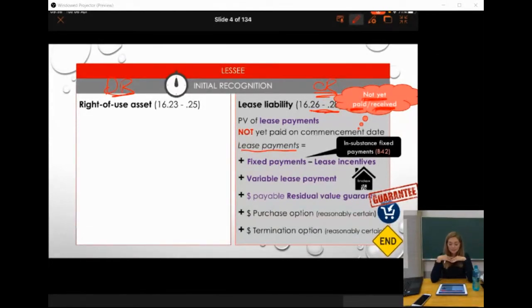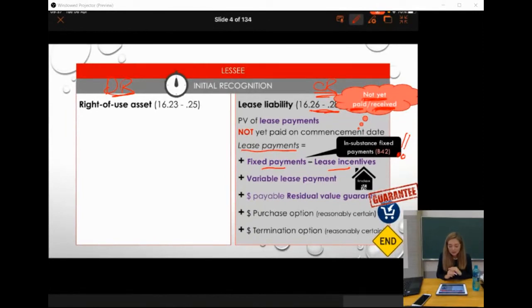But for the lessee, lease payments consist of all the fixed payments, less any lease incentives still to be received. And here we have to watch out for the in-substance fixed payments, because sometimes a payment seems as if it's going to be a variable lease payment. However, it's actually an in-substance fixed payment, because there's no way to actually get around paying it. You still have to pay that fixed amount.